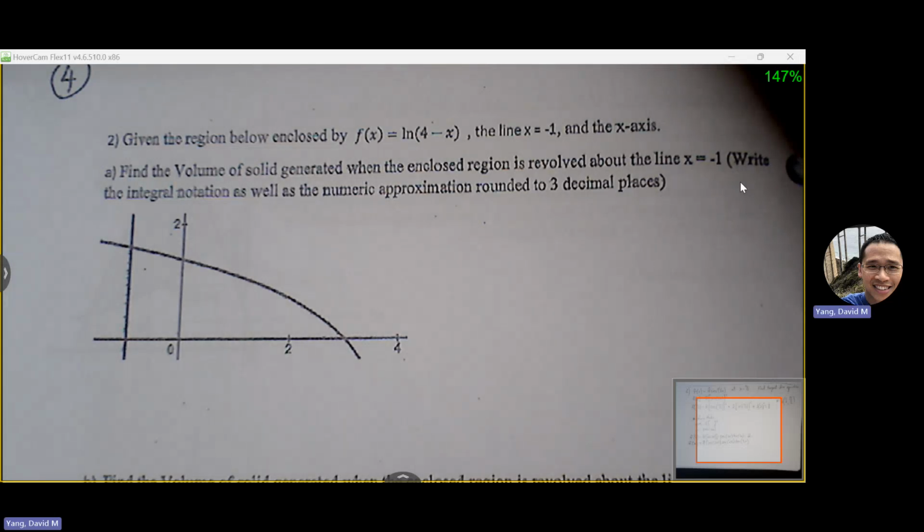Again, no pi for cross section, except semicircle. Okay, page 4.